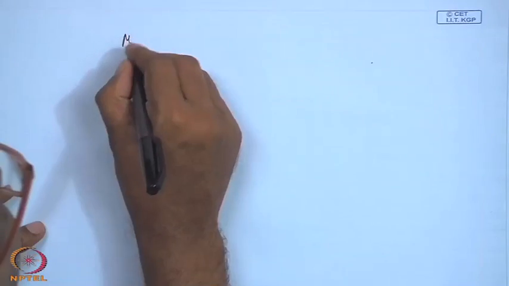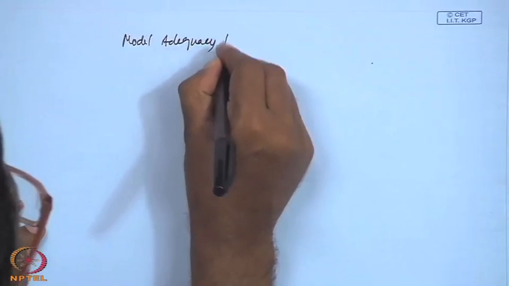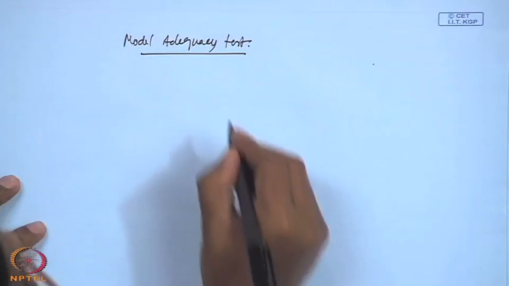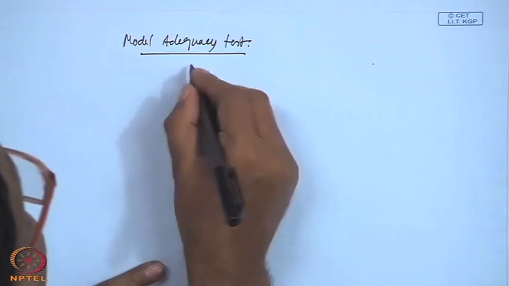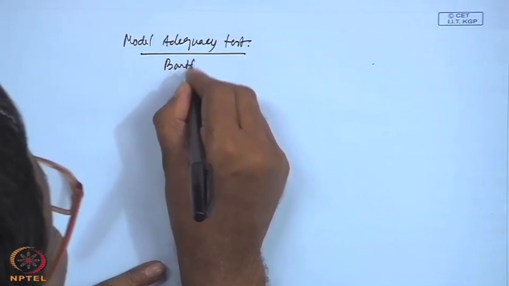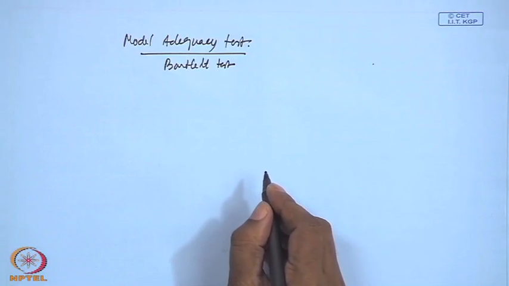Then the final one, I think in another 1 minute of time, what I want to complete is that you have to do a certain test, what I can call the model adequacy test. I will explain the Bartlett test here. Okay.